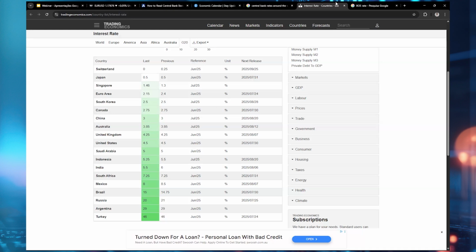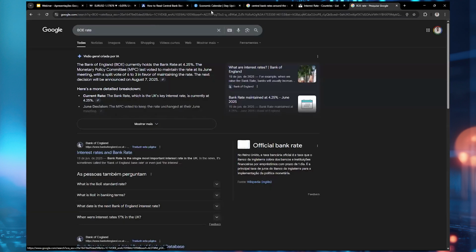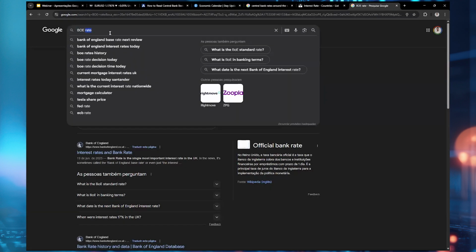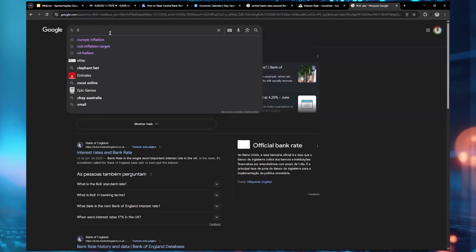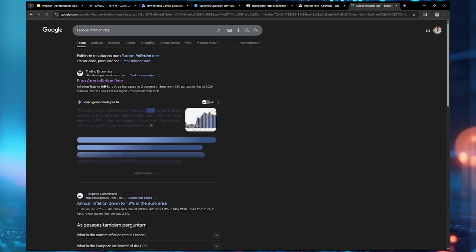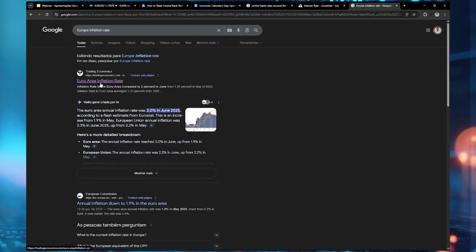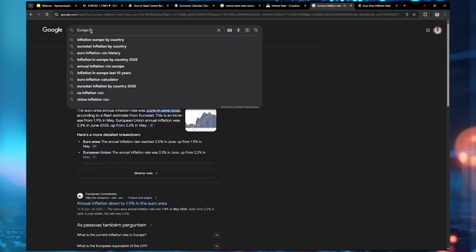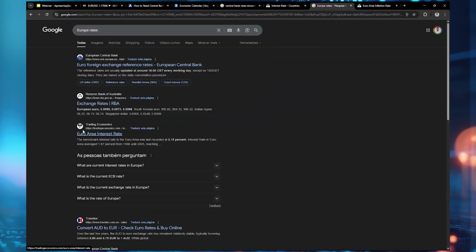Okay, because when we compare the inflation, so just put it here, Europe inflation rate, this one, and we grab that as well into Europe interest rate, there we go.